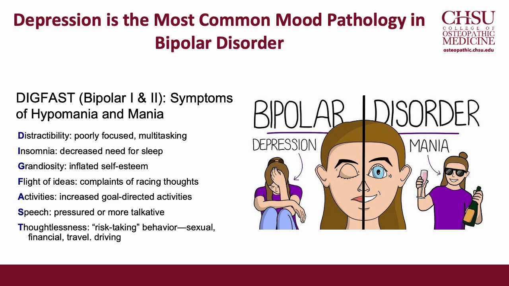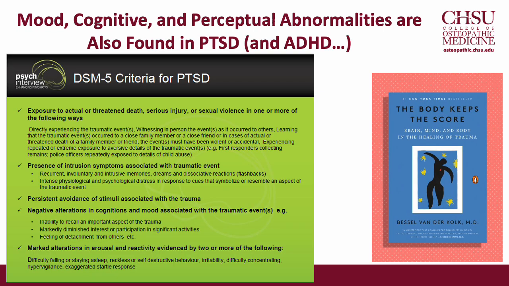An acronym that we use for that is this DIG FAST acronym. I'm going to allow you to pause the slide if you want to get a little bit more familiar with the distractibility, insomnia, grandiosity, flight of ideas, activities, speech, and thoughtlessness patterns that can be used for screening a person for mania or hypomania.